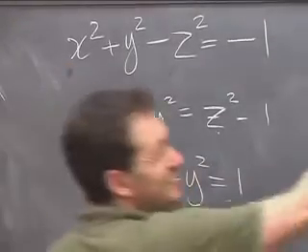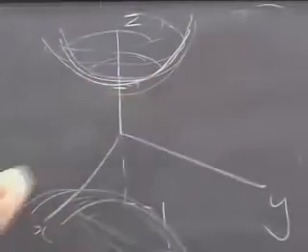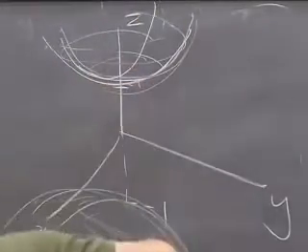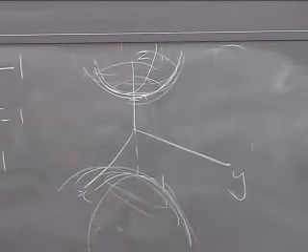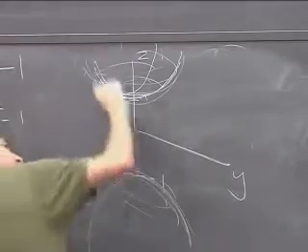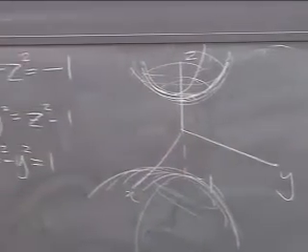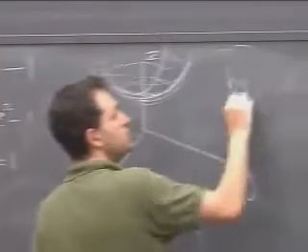So this is a hyperbola, as is this and this. So the bowl is made up of a revolved hyperbola. If you turn your head this way, you will see the hyperbola, and it is just revolved around the z-axis. So this is called a hyperboloid of two sheets.